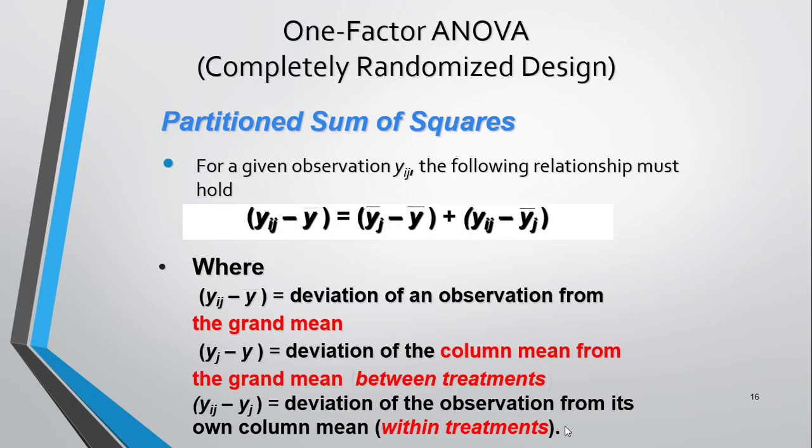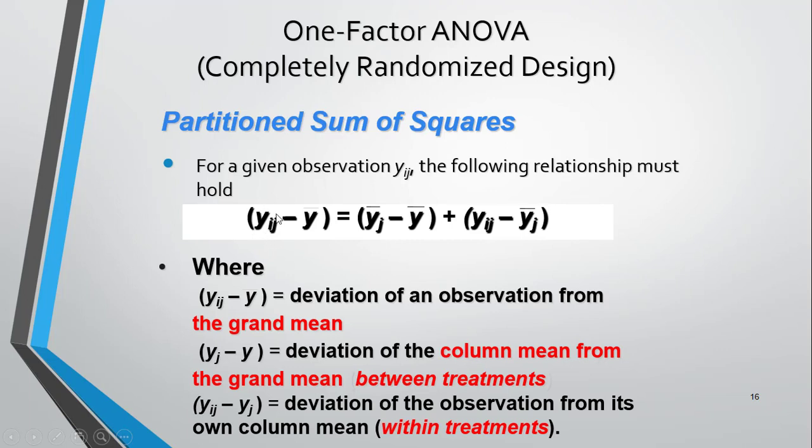To analyze this, we need to partition the sum of squares. For a given observation of Yij, the following relationship must hold true: Yij minus Y bar equals Yj bar minus Y bar plus Yij minus Yj bar. What do they mean? Y bar is the overall grand mean of the dependent variable. Yij is the individual observation.